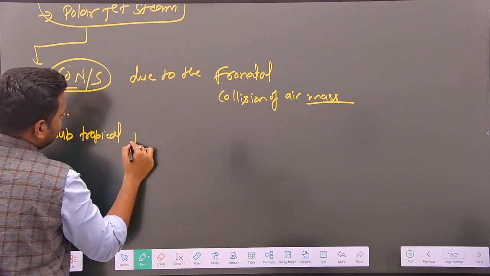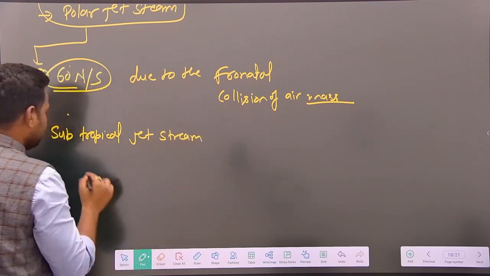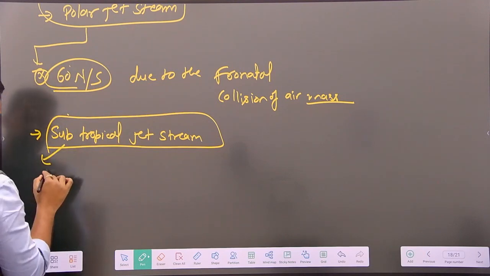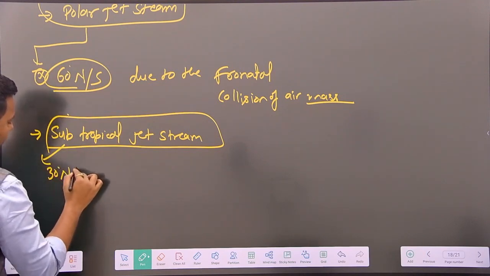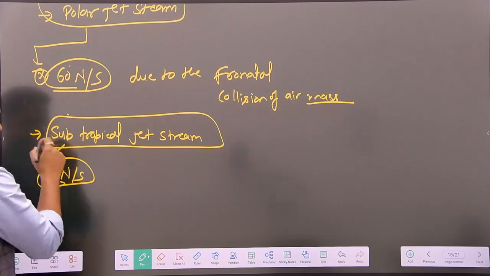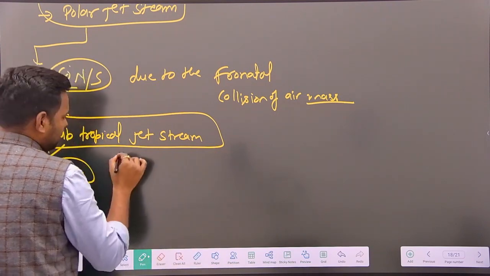subtropical jet stream. This jet stream is found near 30° north as well as south, or you can say that this belt is shifting according to the shifting of the sun rays.